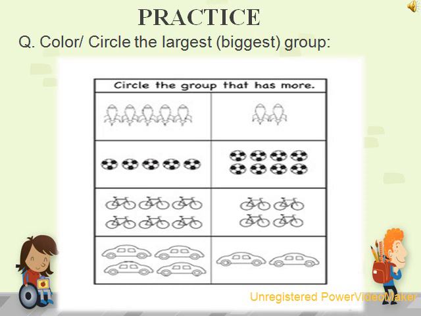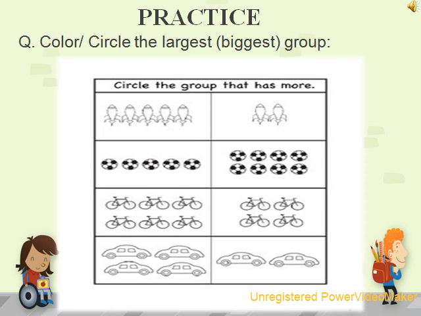In first picture, aeroplane is being given. Let us count on left hand side. 1, 2, 3, 4, 5. On left box, 5 aeroplanes are there.